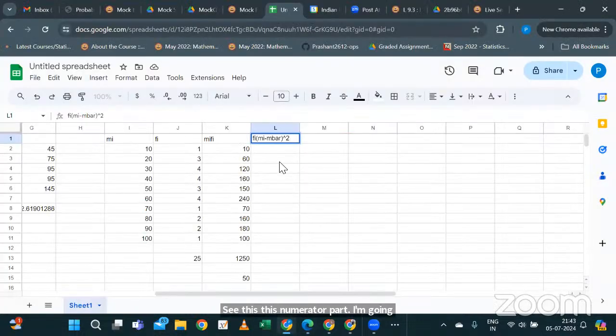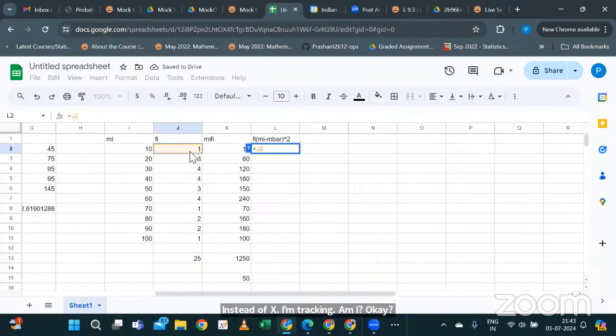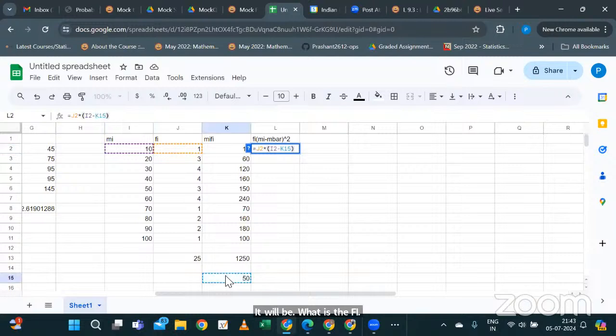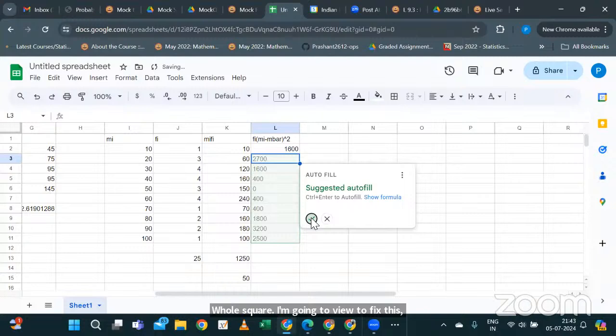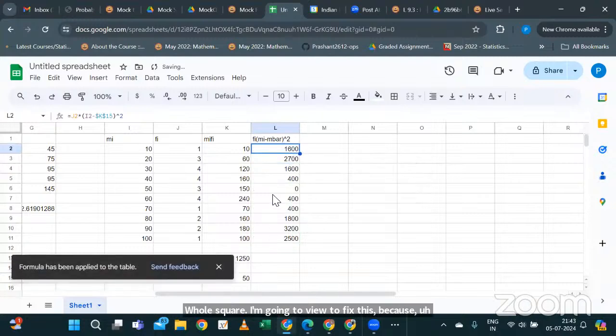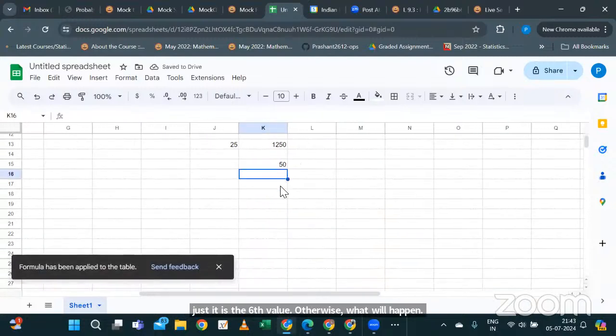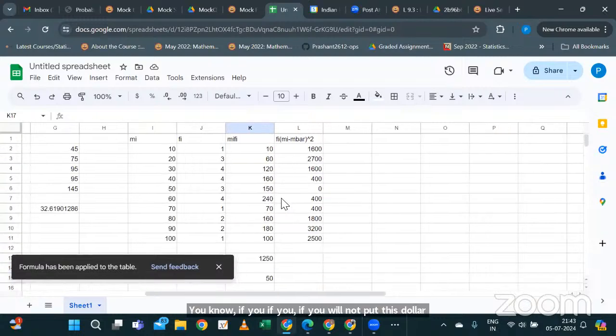So now it will be fi into mi minus m bar whole square. We have to fix this because it is a fixed value. Otherwise, if you do not put this dollar sign, it will take this cell, which is not the case.